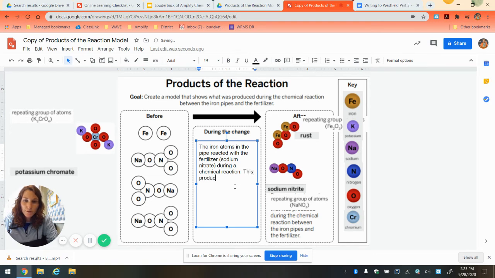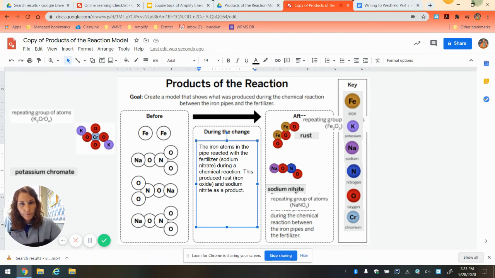This produced rust, which is called iron oxide, and sodium nitrite as a product.